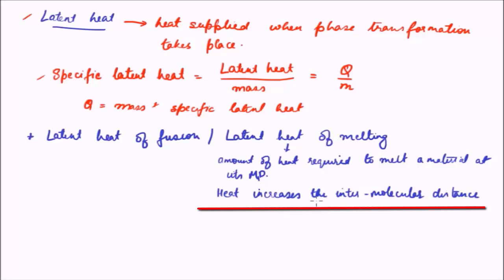Therefore, there is no heat actually available to change the temperature until the whole phase transformation has taken place. The whole heat which we are supplying is going into changing the configuration of the system rather than changing the temperature of the system. Hence, latent.